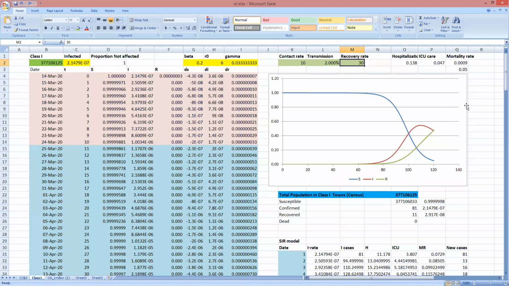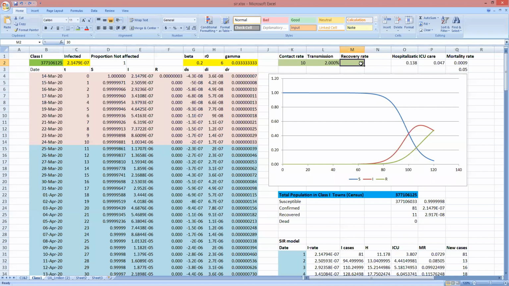Now, if you remember, I think day before yesterday, there had been some new protocol about the testing. And it was said that rules were being tweaked so that hospital beds could be released faster. So that means instead of 30 days, the recovery is assumed to be at a higher rate, 20 days.